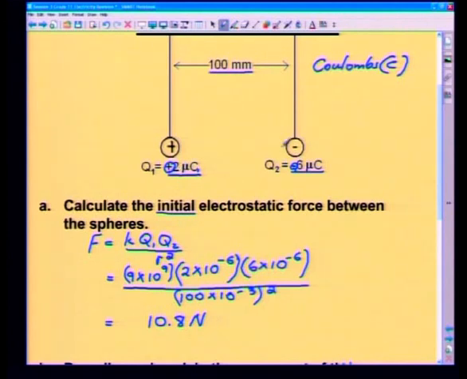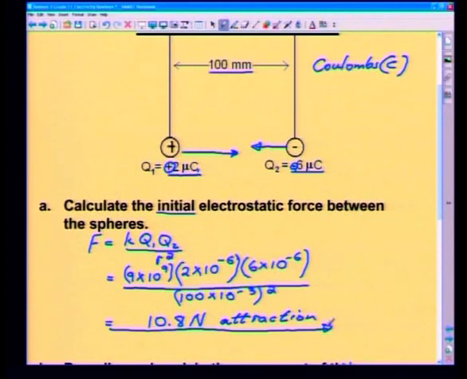Definitely the force is such that Q1 is attracted to Q2 and Q2 is attracted to Q1. So just to say attraction would be enough to say that this force is such that the two charges are attracted to each other.